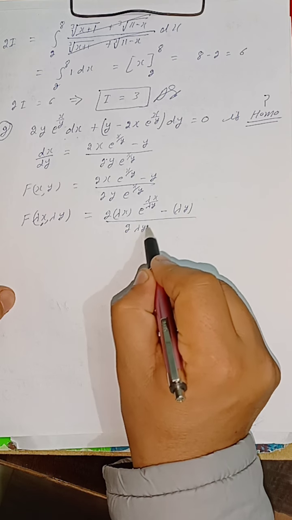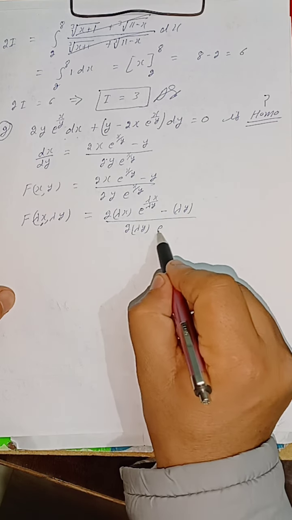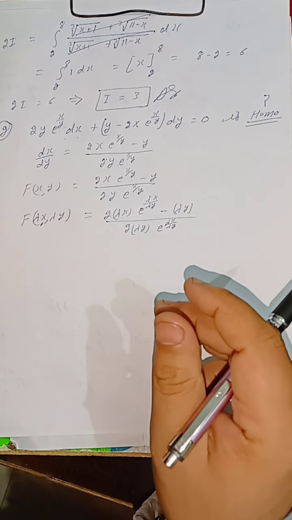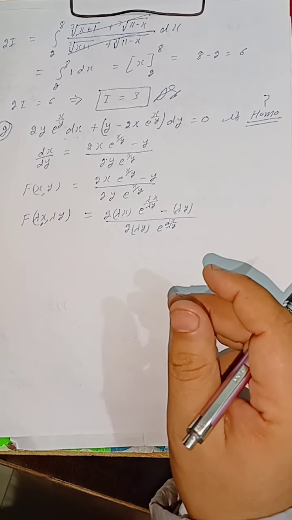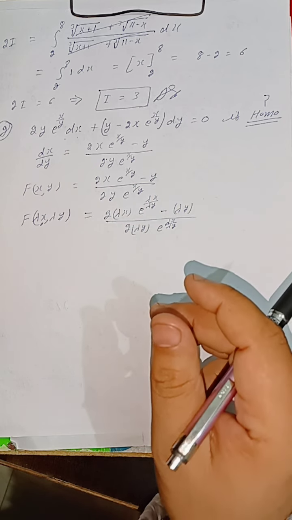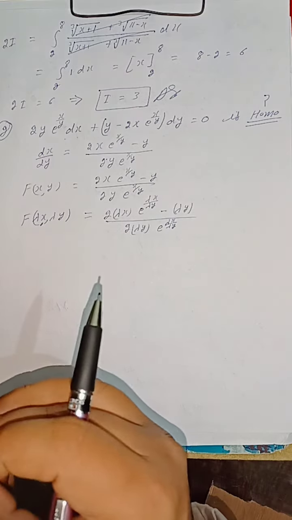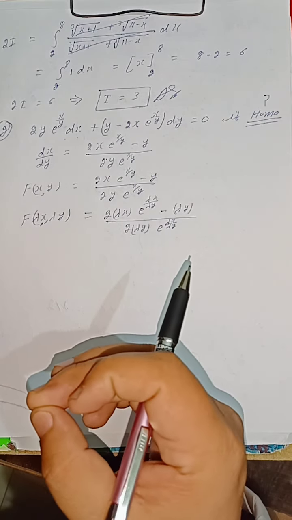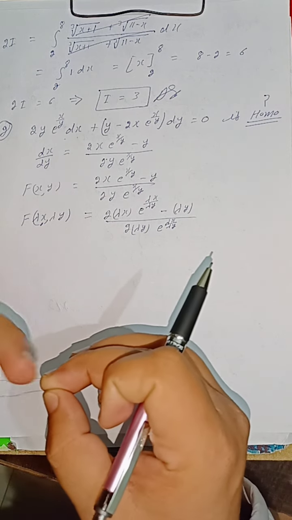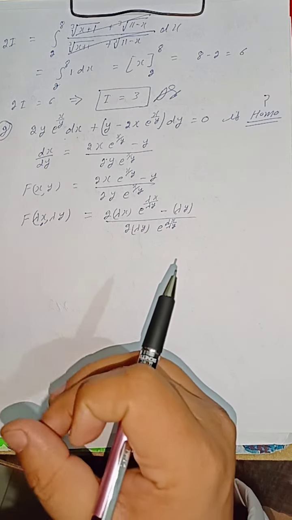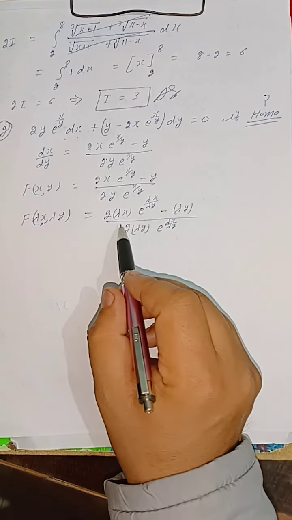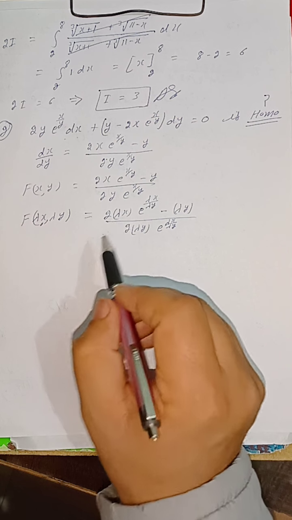If lambda is taken out from the equation with some power, that power will be called the degree of the homogeneous equation, and if we are able to get lambda outside, then the equation will be a homogeneous equation.